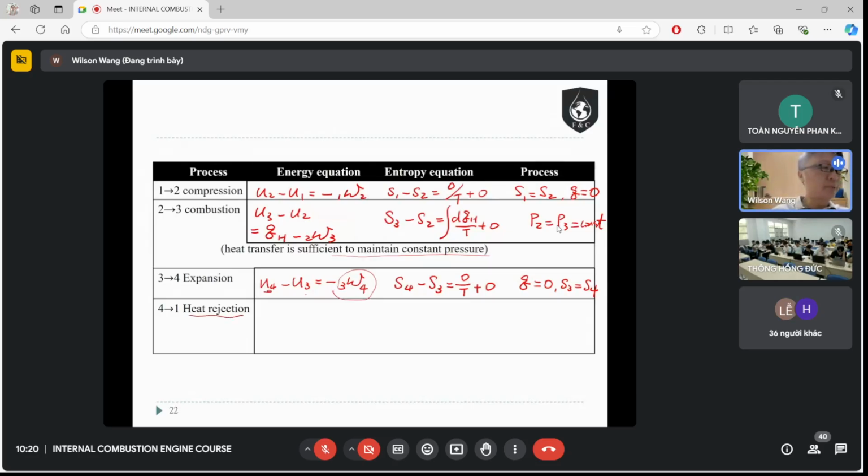And the heat rejection process is U1 minus U4 equal to minus QL.